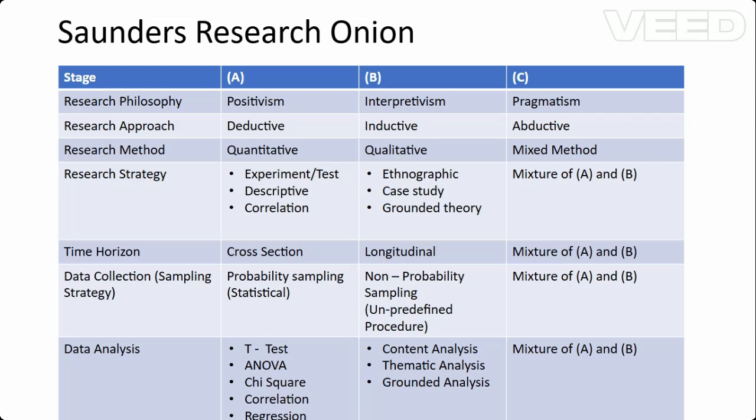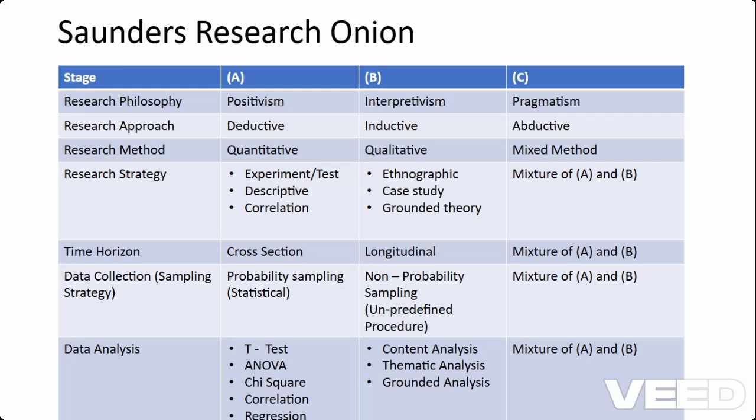Definitely, your sample has to be statistical. You have to use probability sampling. It has to be aligned with your philosophy. If your philosophy is positivism, your research approach is deductive, your research design is quantitative, your research strategy is an experiment, descriptive, correlation, your sampling is supposed to be mathematical or statistical.